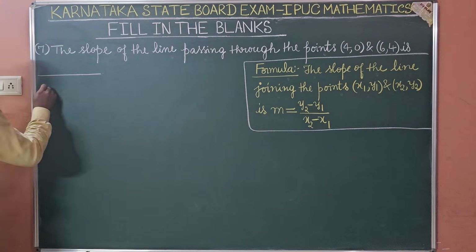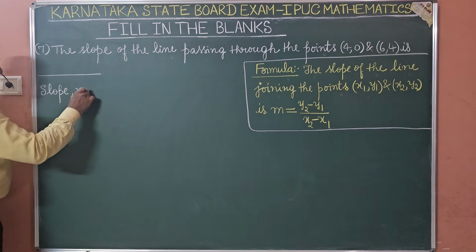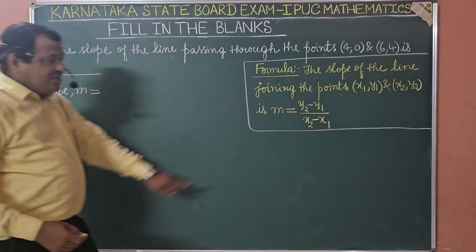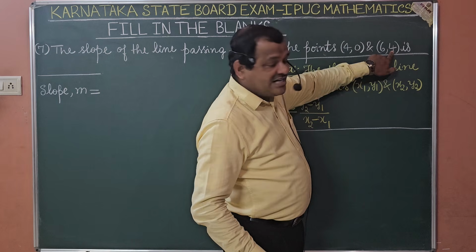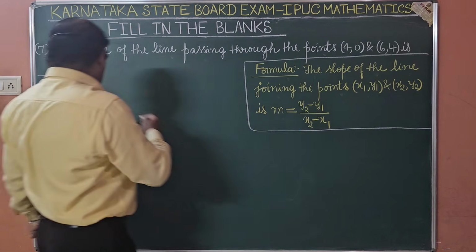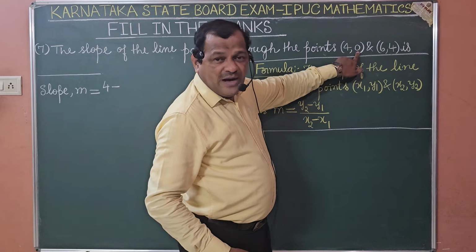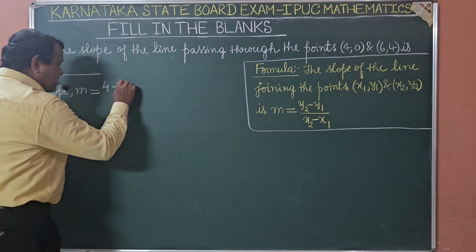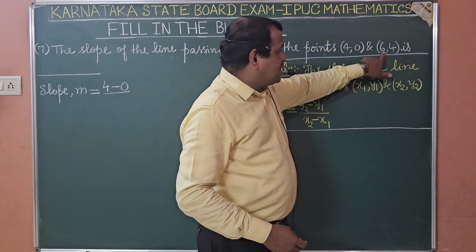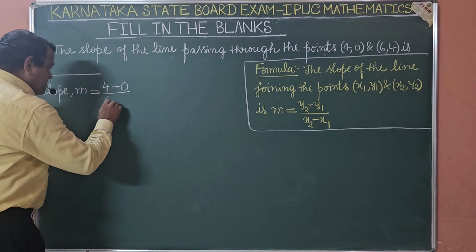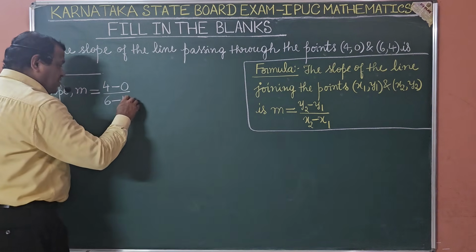So I will calculate the slope here. Slope m is equal to y2 minus y1. This 4, the y coordinate of the second point, is y2. 4 minus y1, this is 0, the y coordinate of the first point, divided by x2. This is 6, the x coordinate of the second point. 6 minus x1, this 4, the x coordinate of the first point.